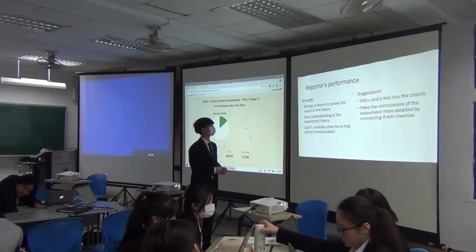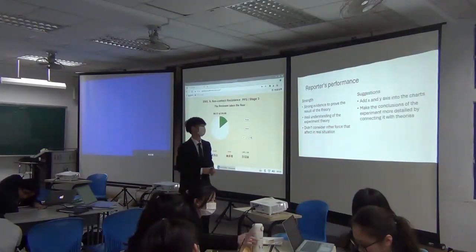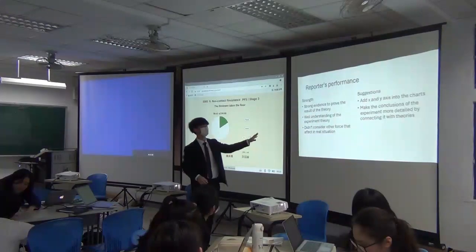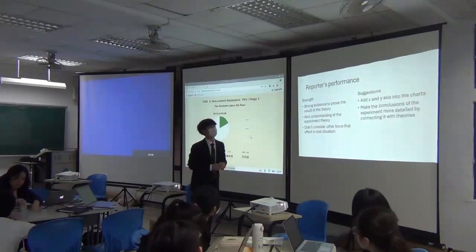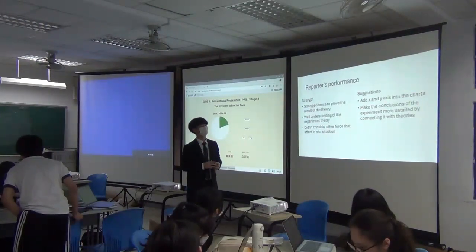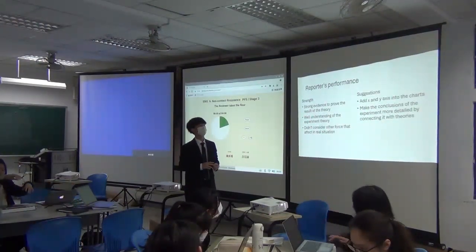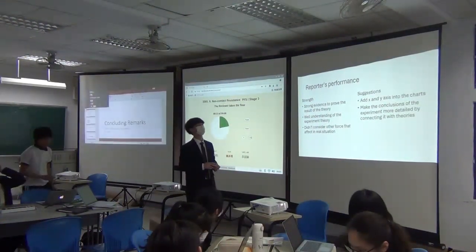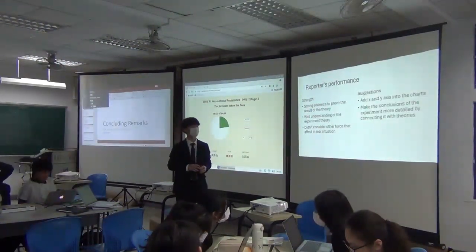But they didn't consider other forces that affect the real situation. This is the suggestion: they have to add the x and y axes into the chart, and they should make the conclusion of the experiments more detailed by connecting it with theories.